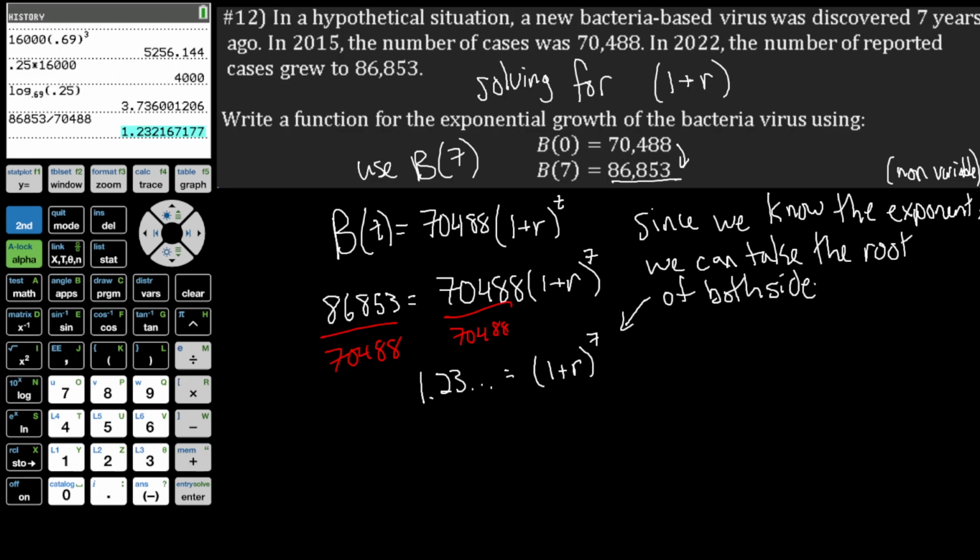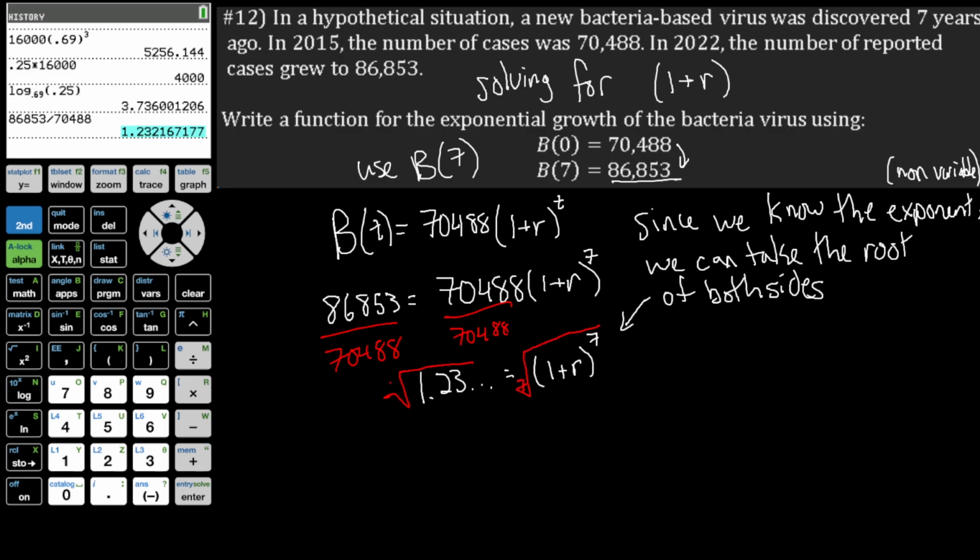So again, be careful when you're doing this, because you want to say, hey, I need to take the 7th root. I'm not going to take the square root, not the cubic root. I need to take the 7th root because that is my exponent.